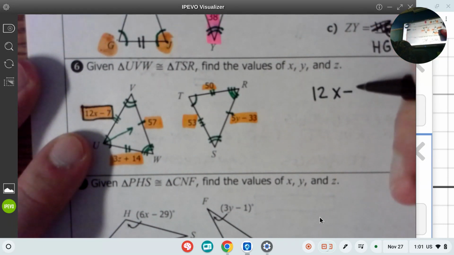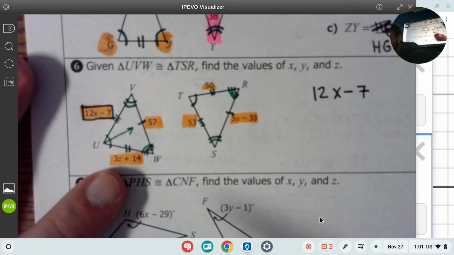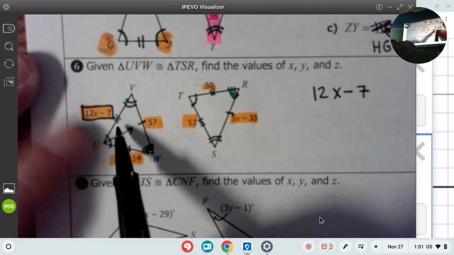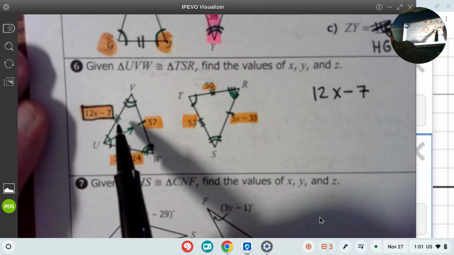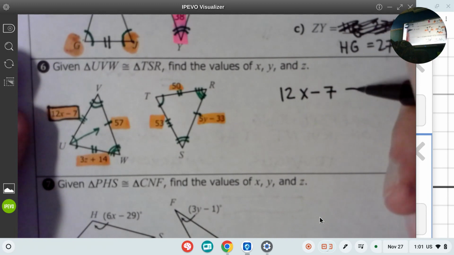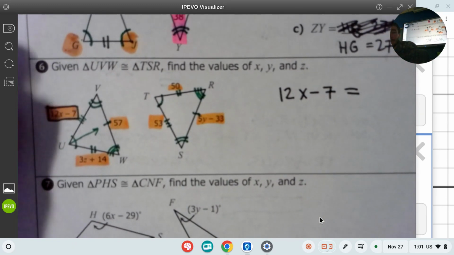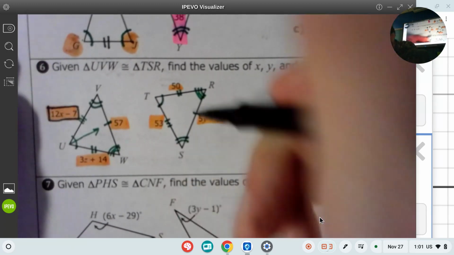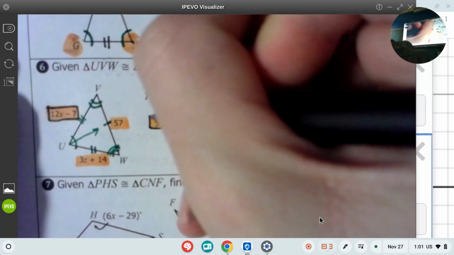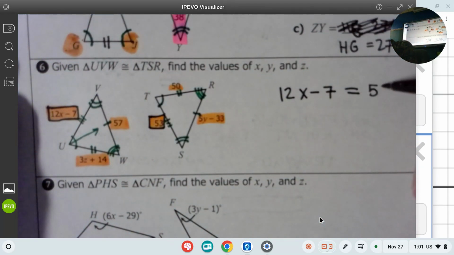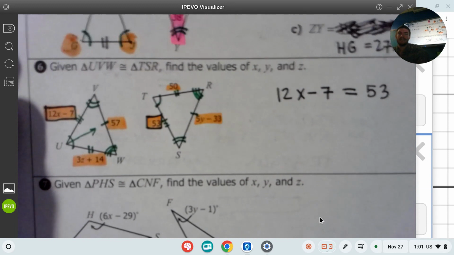If 12x minus 7 is on the triple slash, it should be equal to whatever else is on the triple slash. What number is that? 53. So you make a little equation like this, and you figured it out.